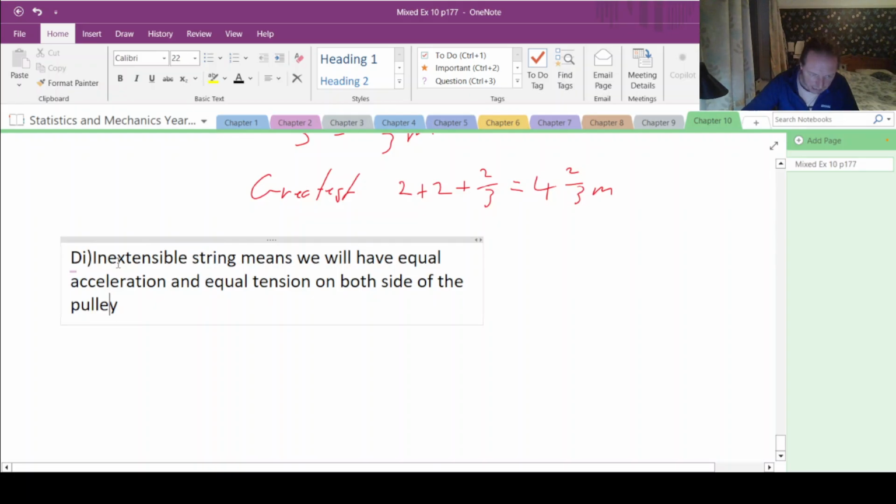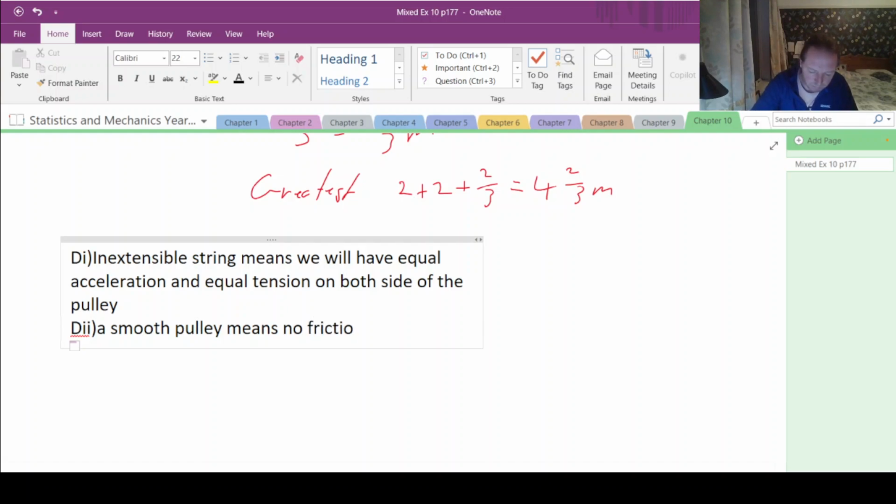and then if we do D II, what did that want to know? The fact that the pulley is smooth. A smooth, 2 O's. A smooth pulley means no friction in the system, so no resistance to the particle.